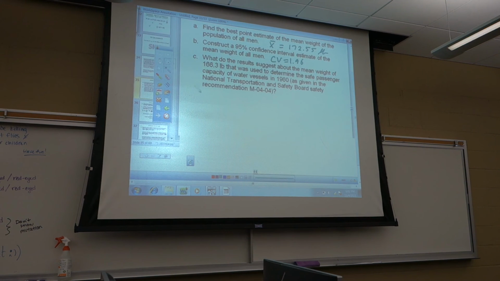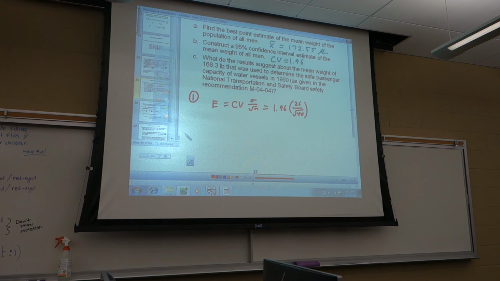So here we go. My first step is going to find my margin of error. So it's going to be my critical value times sigma over square root of n. So you are all writing this in with me, right? You're all writing this down in there. So it's going to be my critical value 1.96 times sigma, which is 26, over square root of n, which is 40.